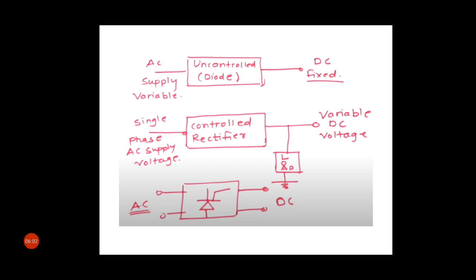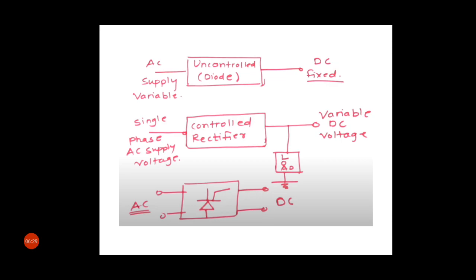Basically, when we convert one form of energy into another form, as an example AC to DC, we know the device which converts this AC to DC is a converter. This converter is designed with diodes.